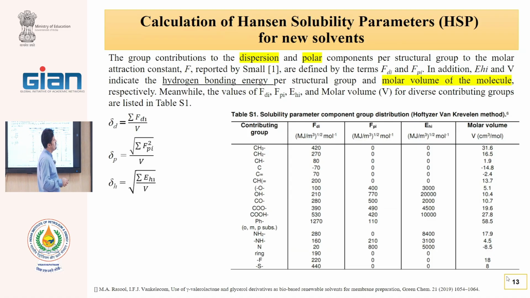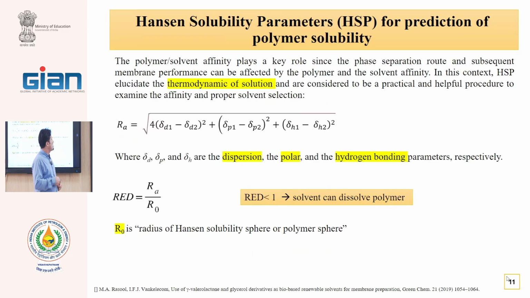V is the molar volume of the groups, and F is the amount located here. Therefore, if we have a new solvent with no data in the literature, using these equations we can calculate the sigmas and go back to this equation. We calculate the RA and the R0, and we can predict whether this solvent can dissolve or not.